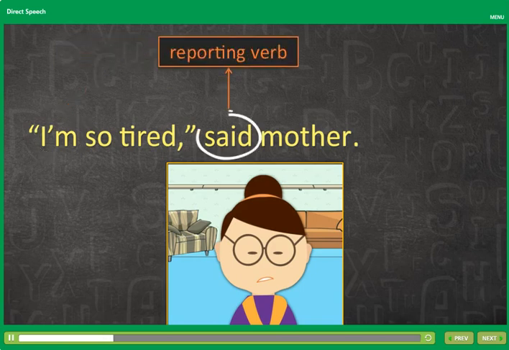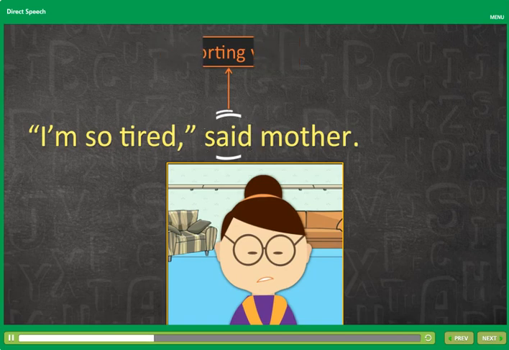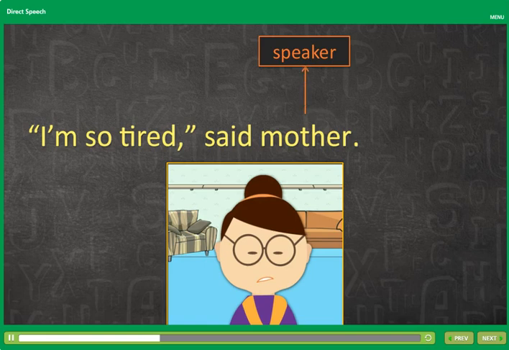Words like said, tells, shouts, asked, etc. are all reporting verbs and they tell us how something is being said. There will generally be a speaker whenever we use direct speech. Sometimes there can be a speaker as well as the person being spoken to.